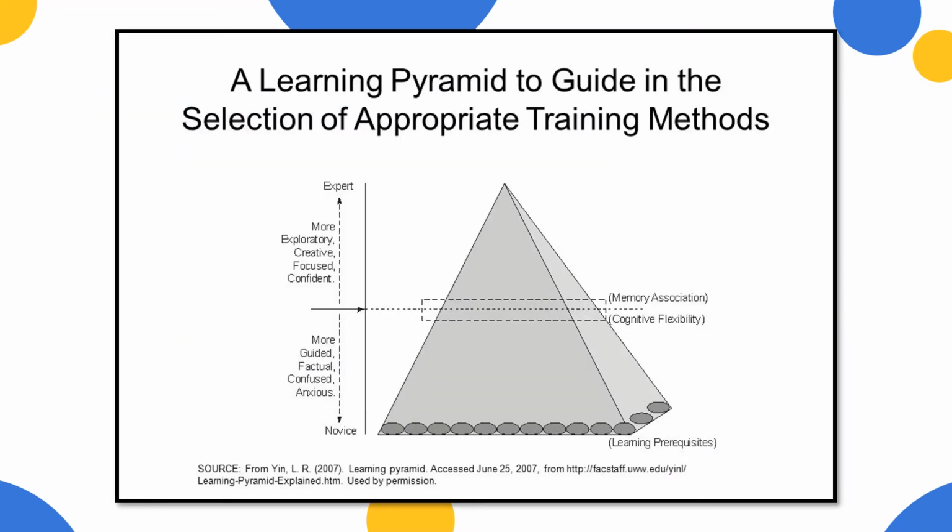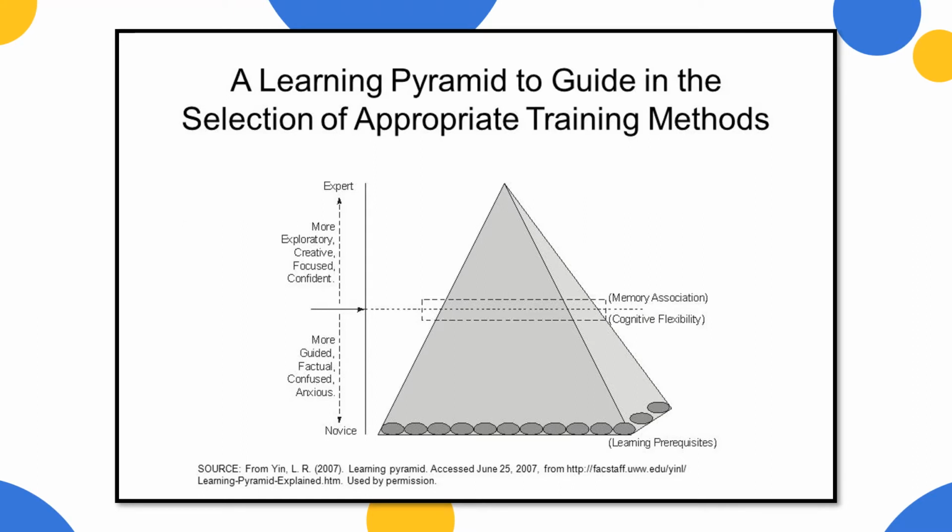As you can see in the picture, this photo depicts a learning pyramid. At the bottom are learning prerequisites, that is the basic skills or knowledge the learner needs to get started. As the figure suggests, the novice learner may easily get confused or anxious.